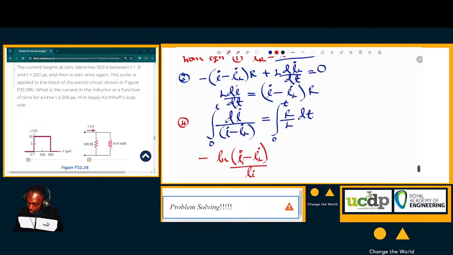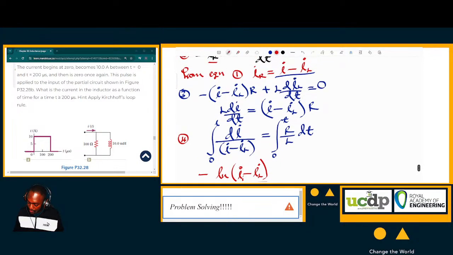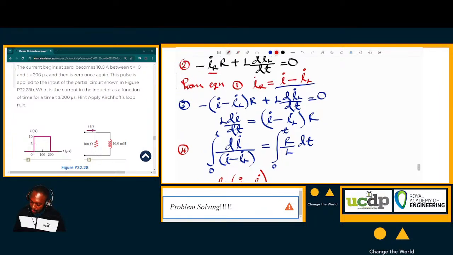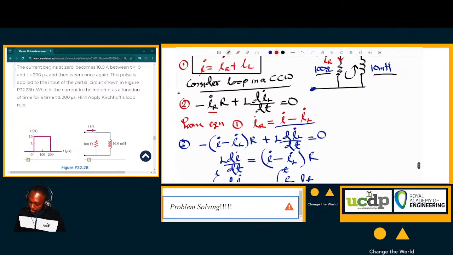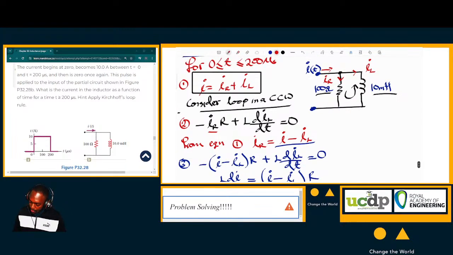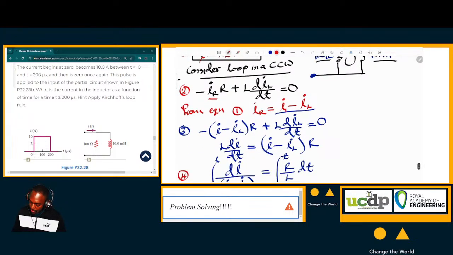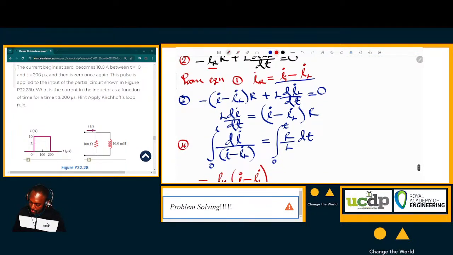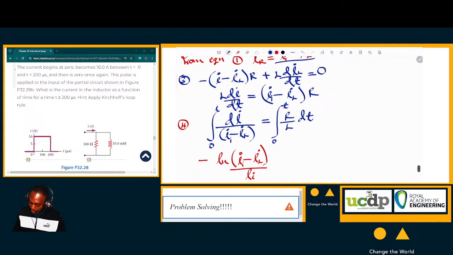Just need to make sure that I've done the correct substitution. Just checking my steps. So this is our initial current, in case you're wondering what the subscript I is. It's not inductor, it's I for initial current.